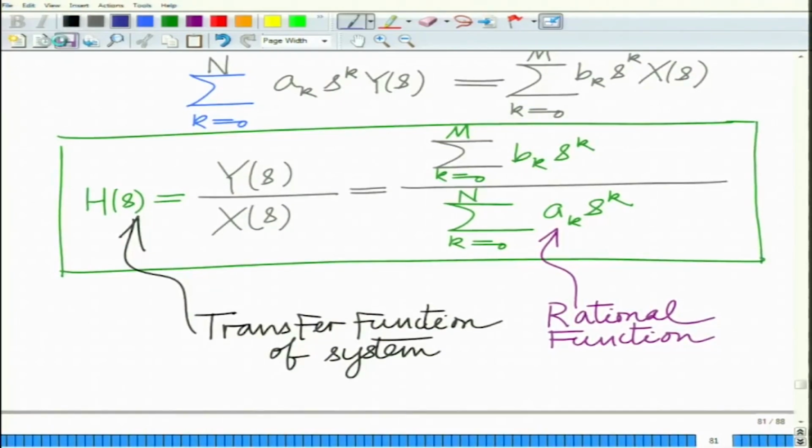So, basically that completes our description of the definition and the properties of the Laplace transform. With this we have completed our discussion of the definition of the ROC, properties of the ROC, some of the properties of the Laplace transform, and a description of the Laplace transform with respect to LTI systems and several other aspects.